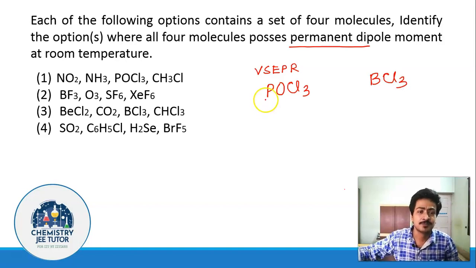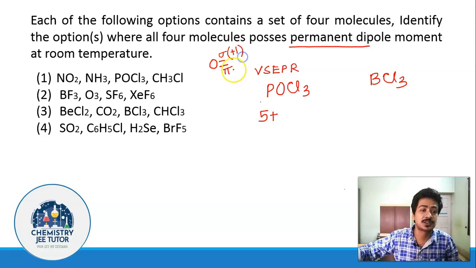Let's see this. So phosphorus contributes 5 electrons. Oxygen is a bivalent atom. So a bivalent atom is definitely going to form a sigma bond and a pi bond. The sigma bond is going to contribute +1 to the total electron count. The pi bond is going to contribute -1 to the total electron count. So since one oxygen is present, I am writing 1 into +1 for the sigma bond, -1 for the pi bond.